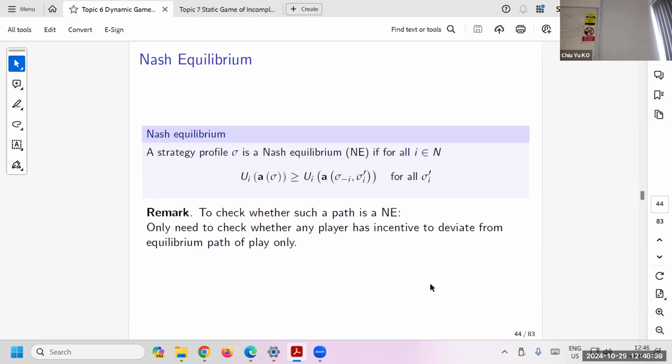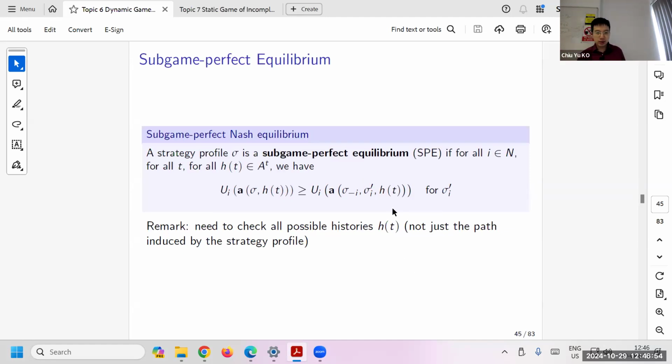At every point of time, right? Because that is the idea of what we call the one-step deviation principle. We only need to check one particular move. Okay, that would be that idea.